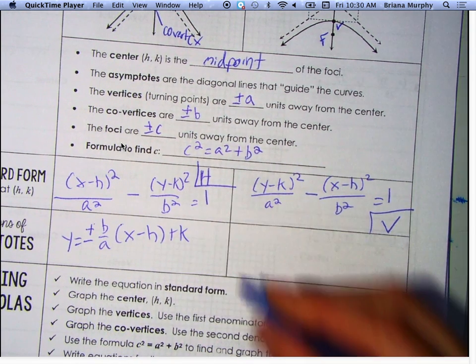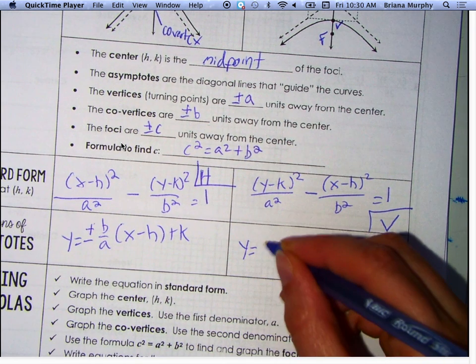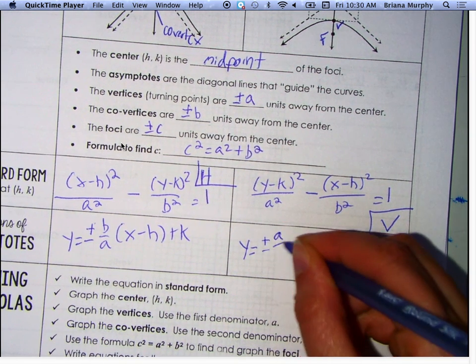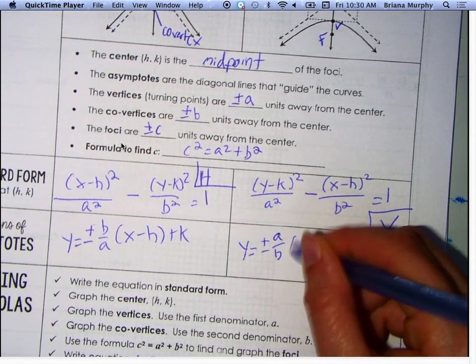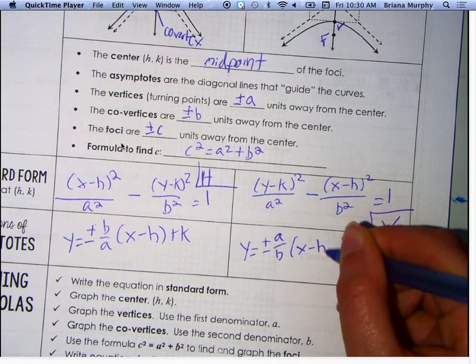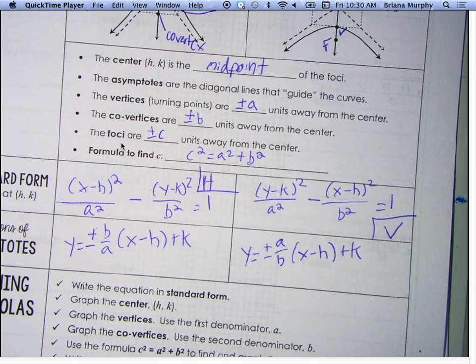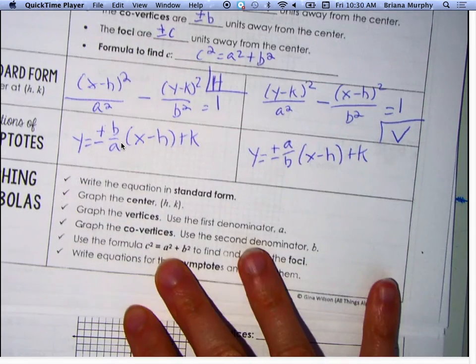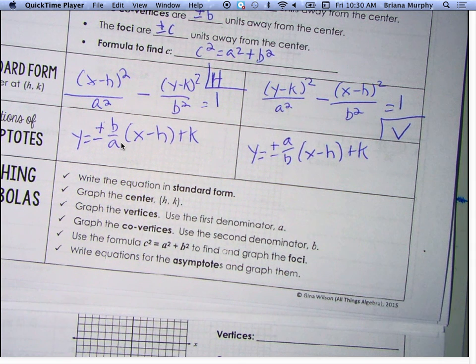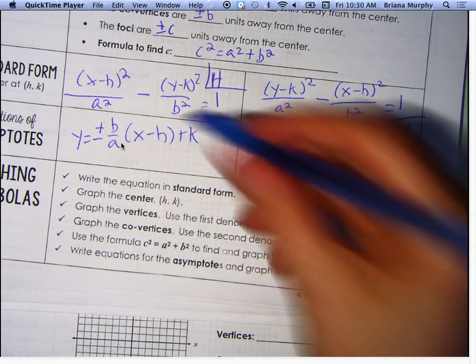If it's vertical, it's y equals plus or minus a over b times (x minus h) plus k. Plus k, yeah, sorry.